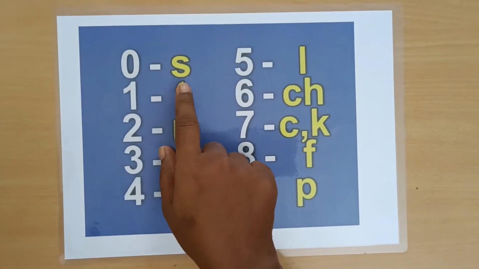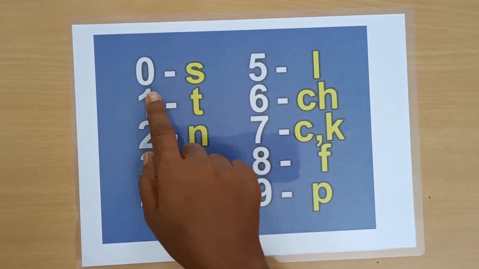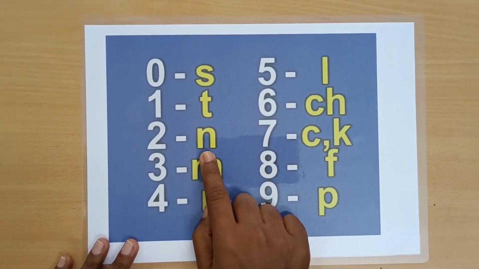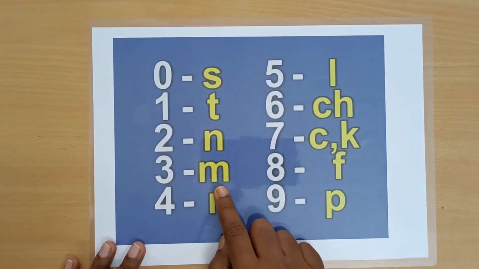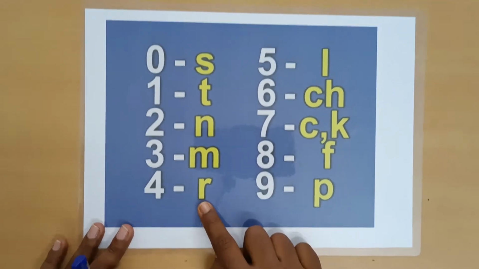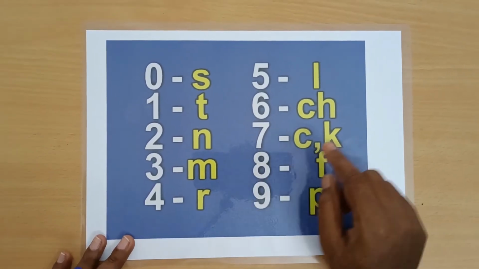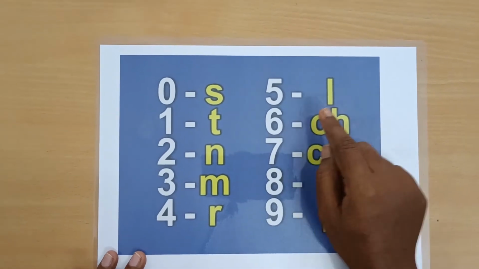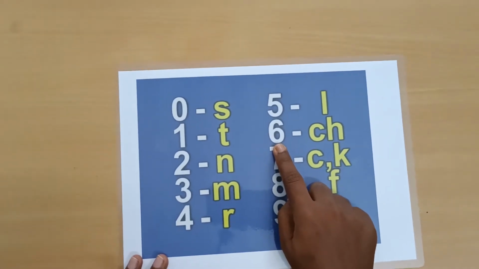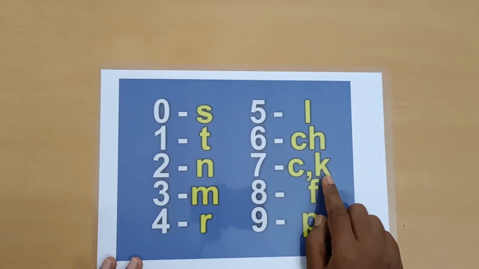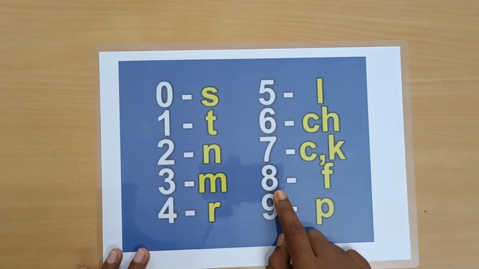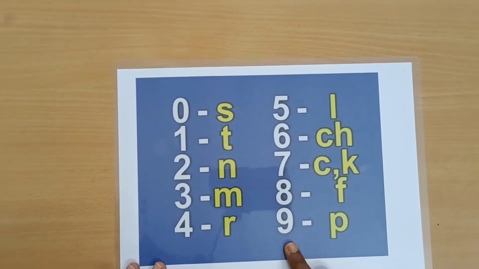So here, s is 0, t is 1, n is 2, m is 3, r is 4, l is 5, ch is 6, k, which is C and K, is 7, and f is 8, p is 9.